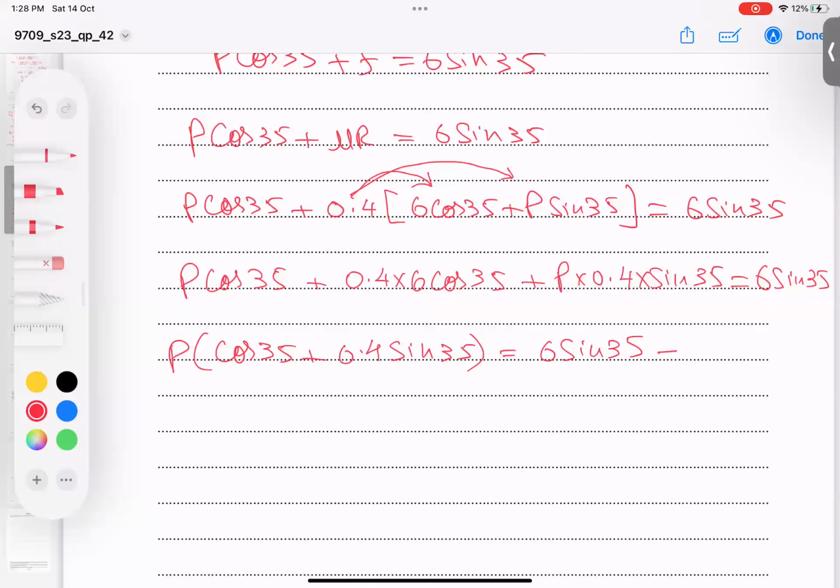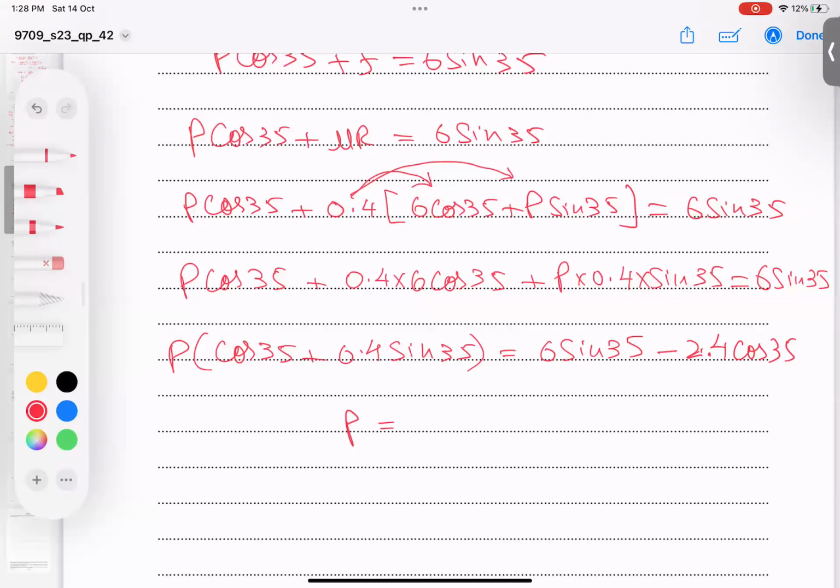And I can say that it is coming 6 sine 35 minus 2.4. How I got it: 0.4 times 6, I got 2.4. Anyway, now this whole thing will divide under it and I will get my answer. So it's just a typing matter in the calculator.